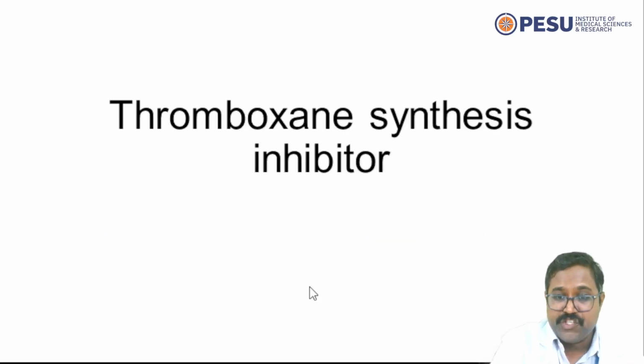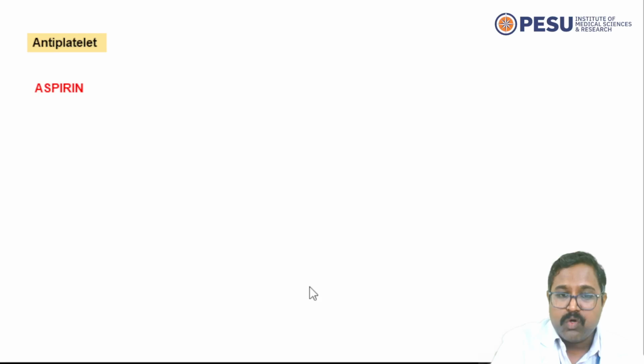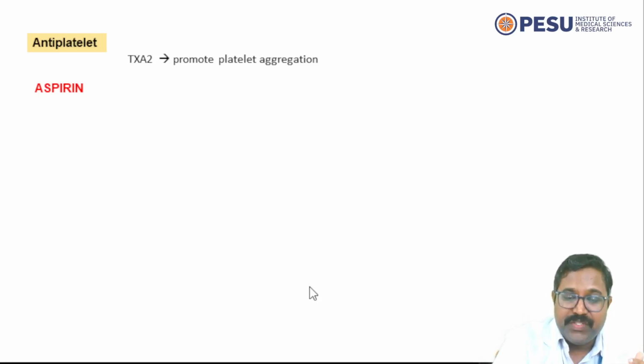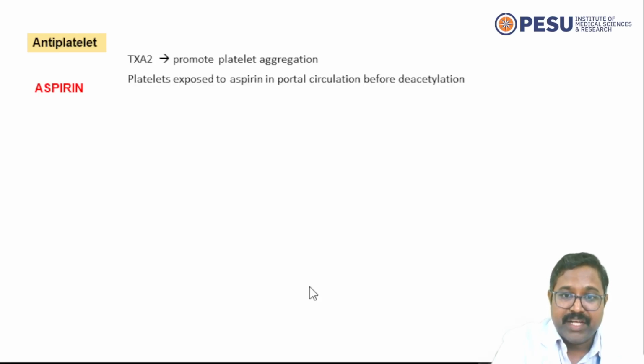So coming to the individual drugs, let us understand the thromboxane synthesis inhibitor. Under thromboxane synthesis inhibitors we have aspirin. As you know, it is one of the very important antiplatelet agents which is used commonly in day-to-day practice. As you know, thromboxane A2 is responsible for platelet aggregation.